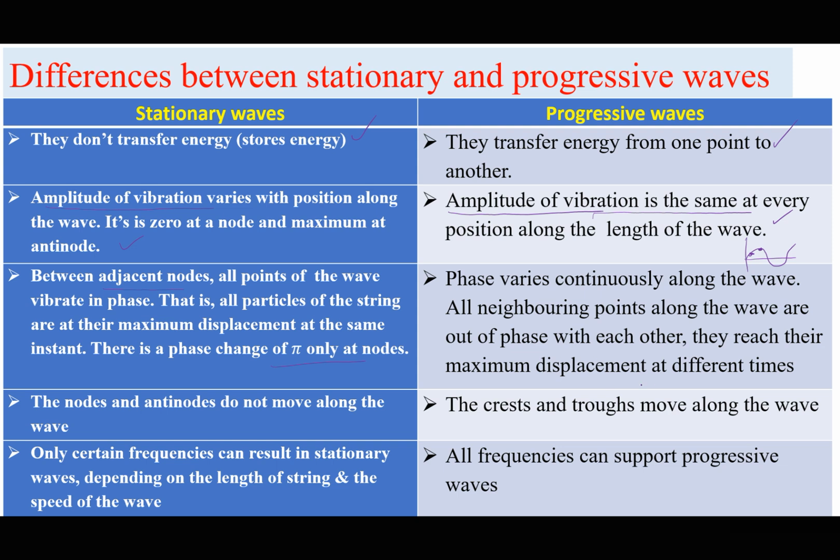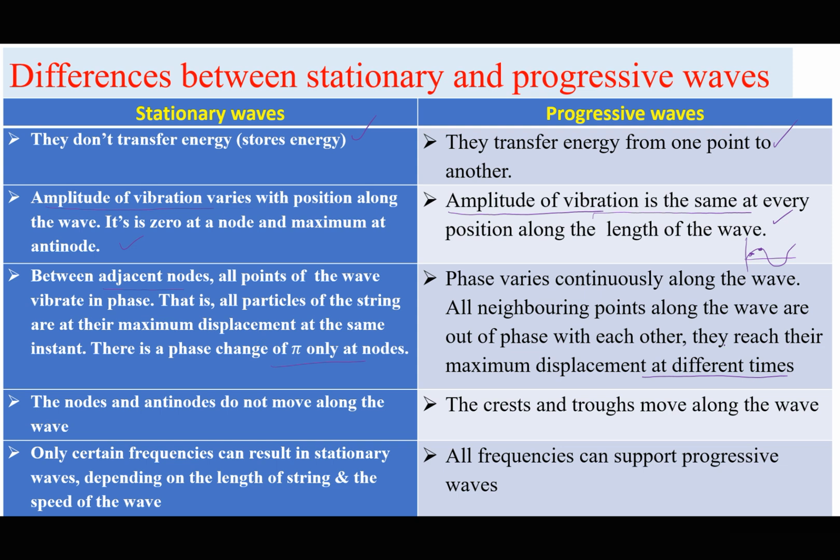They reach their maximum displacement at different times. So even though they all reach the same amplitude, they do not reach their amplitude at the same time. Yet here, all particles in the same segment reach their amplitude at the same time. So here, neighboring particles, two adjacent particles, except at the nodes, they are in phase.